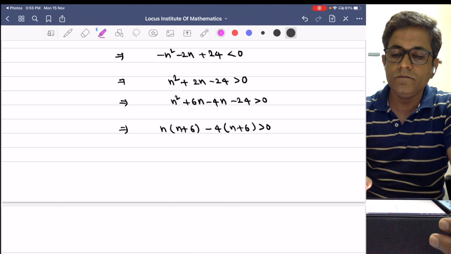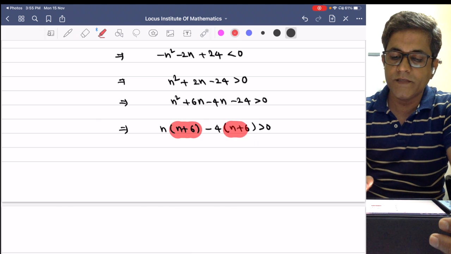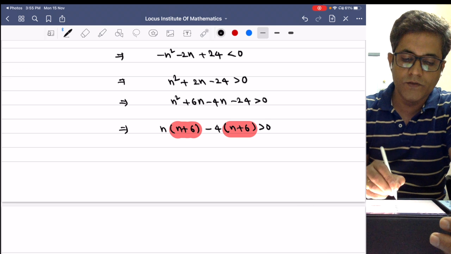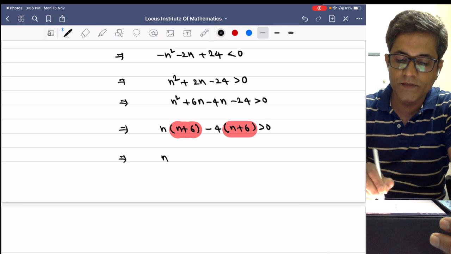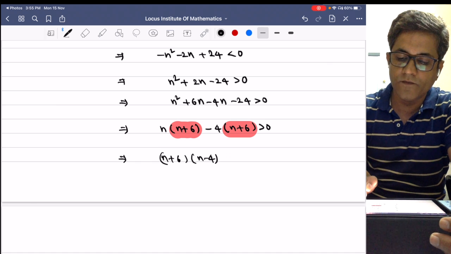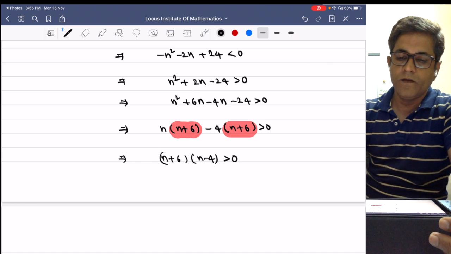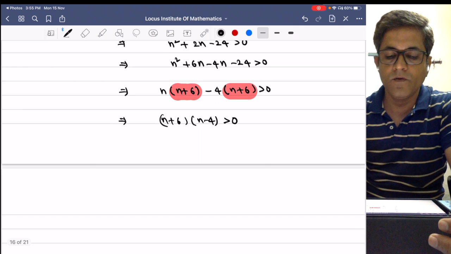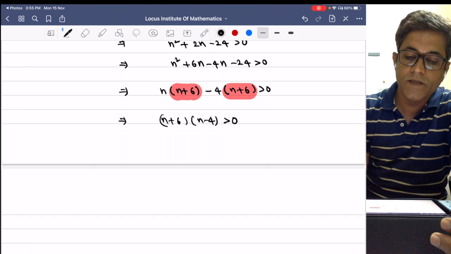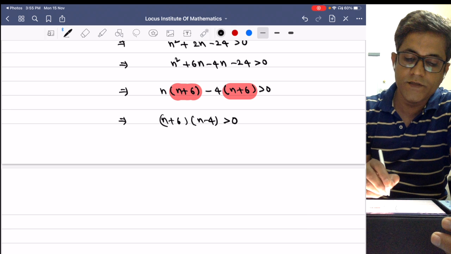Now take out n + 6 common. This is (n + 6)(n − 4) > 0. So we got this inequality.